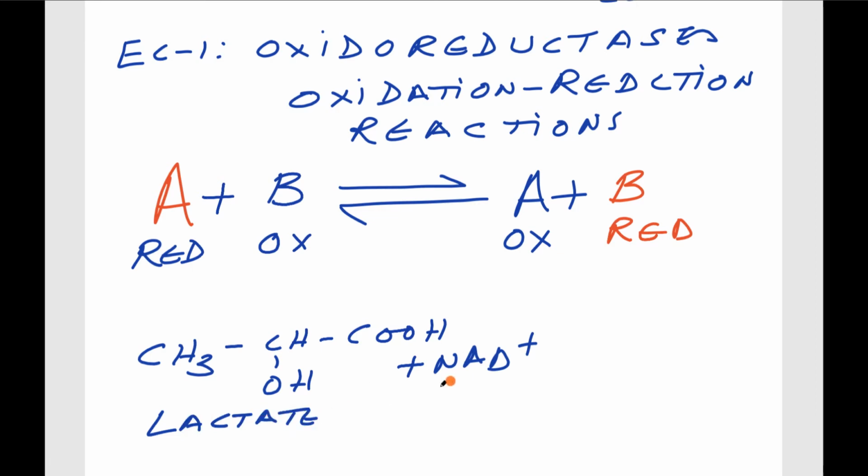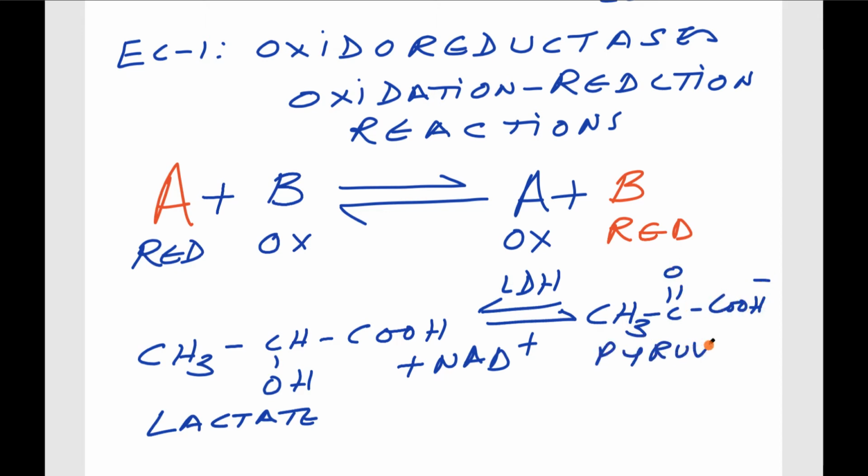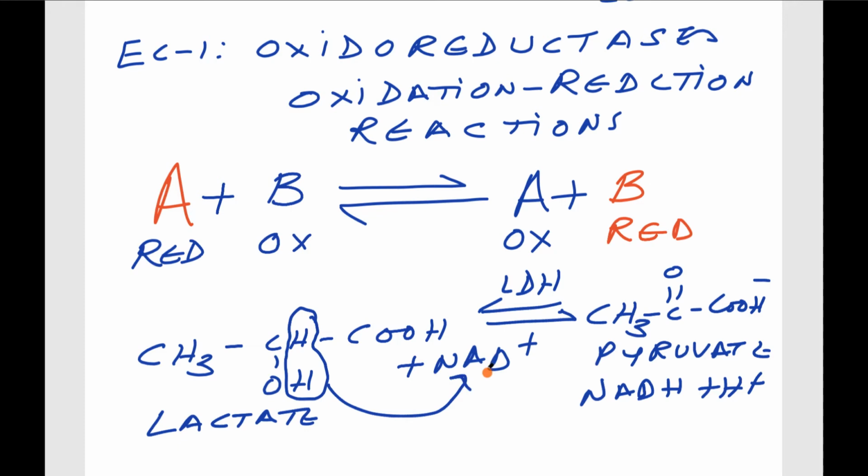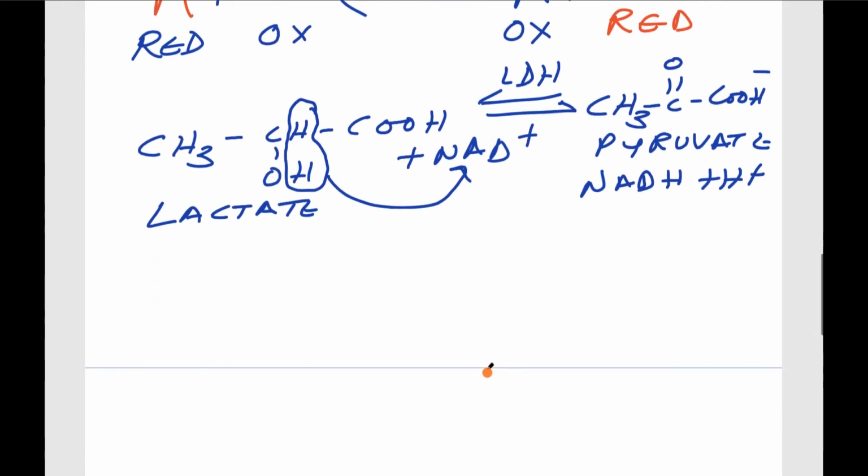By the action of the enzyme LDH, oxidation of lactate takes place, converting it into pyruvate, and NAD+ is converted to NADH plus H+. Here the hydrogens are removed and shifted to NAD. Lactate is converted to pyruvate, NAD+ is converted to NADH plus H+.